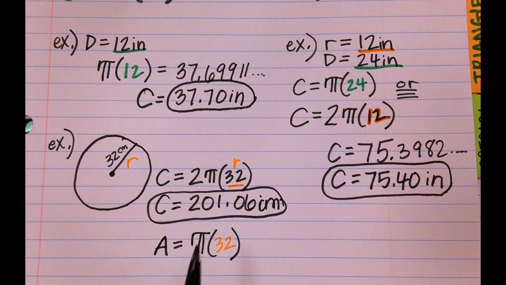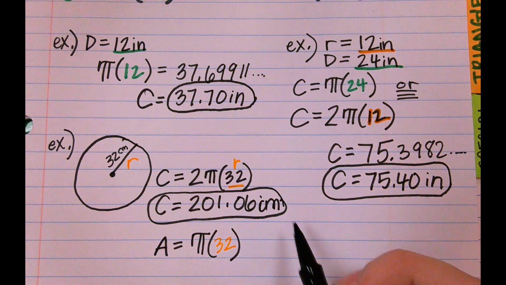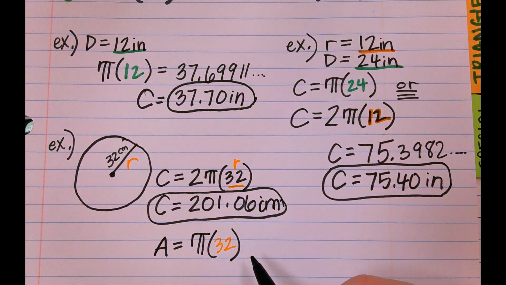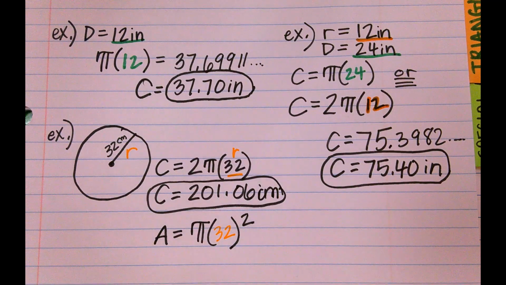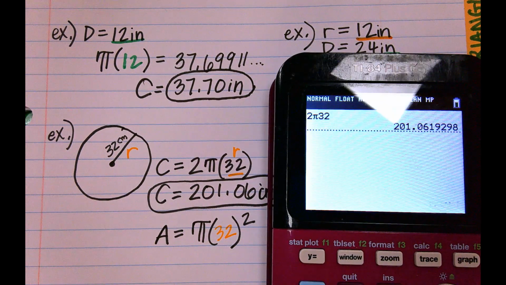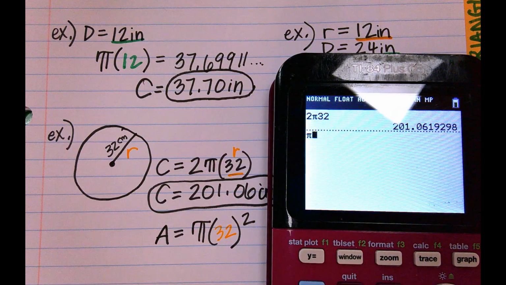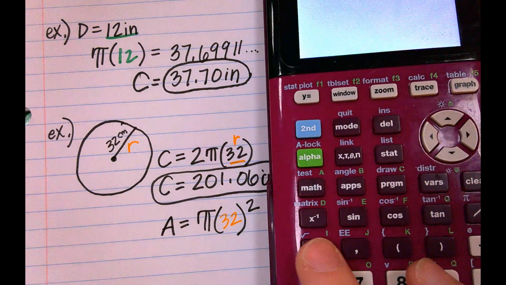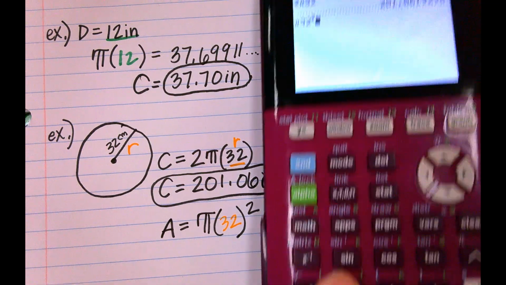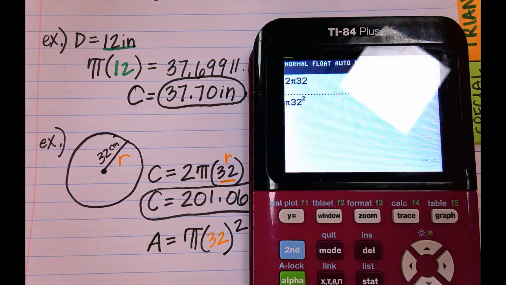Okay, so my area formula is pi times radius what? I'm missing one little part. Square. So we'll type that in. Second up arrow, I get pi, 32. You get 3216.99. And then I just hit x squared to make that get squared.